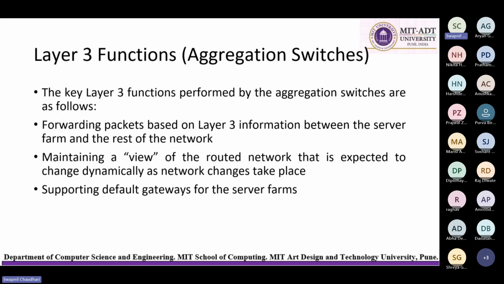This ensures efficient communication between the different networks and proper traffic flow across the data center. The next point is maintaining a view. Aggregation switches maintain a view of the entire network, meaning they look at the routing tables, different network paths, and available routes. This is a dynamic view, meaning it updates automatically when the network changes.